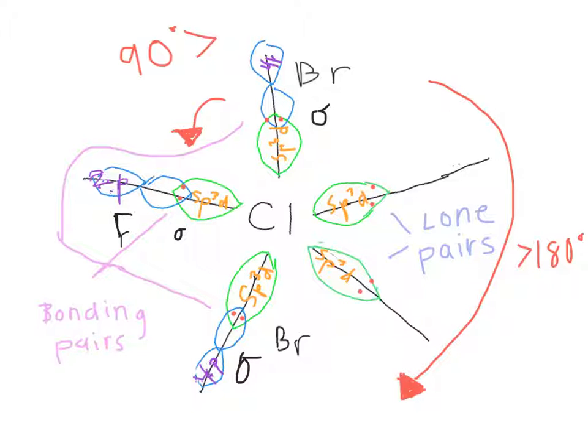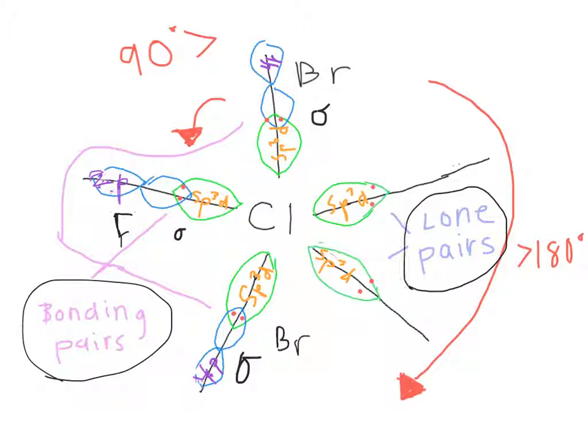In addition, all of these bonds are sigma bonds, and once again, these all represent bonding pairs. As for the 2 sp3d orbitals on the right, you can see that they are not bonded to anything, and that is because these represent the lone pairs that are attached to the Cl.